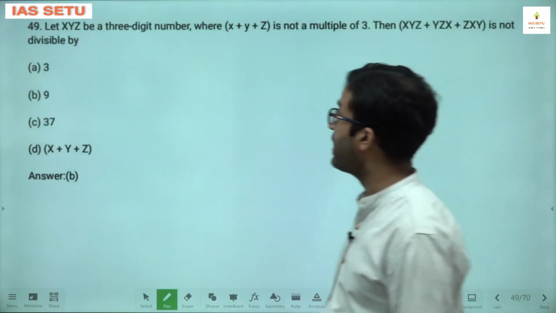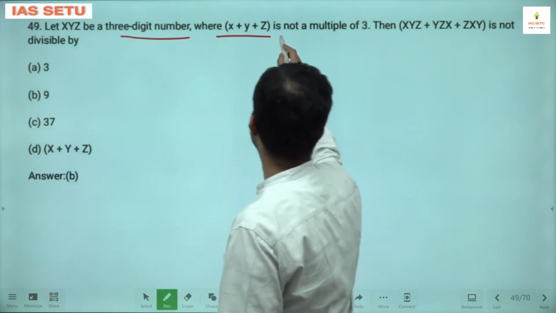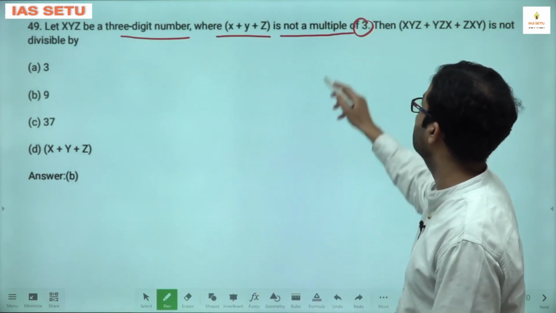Question number 49. XYZ is a 3-digit number where X plus Y plus Z is not a multiple of 3.